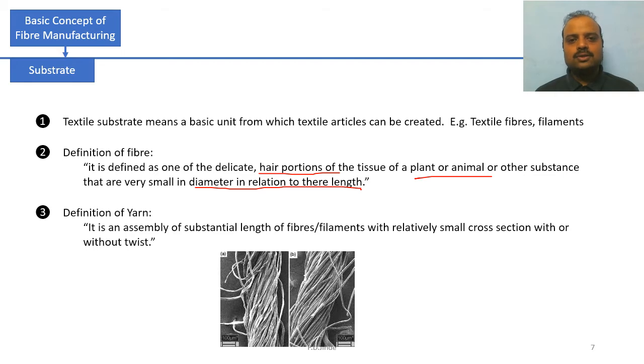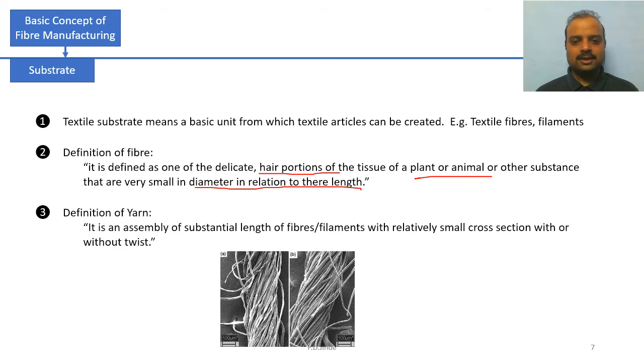From this image you will identify that this is an assembly of fiber of substantial length with twist, and this assembly has a smaller diameter, or smaller cross section, relative to its length.